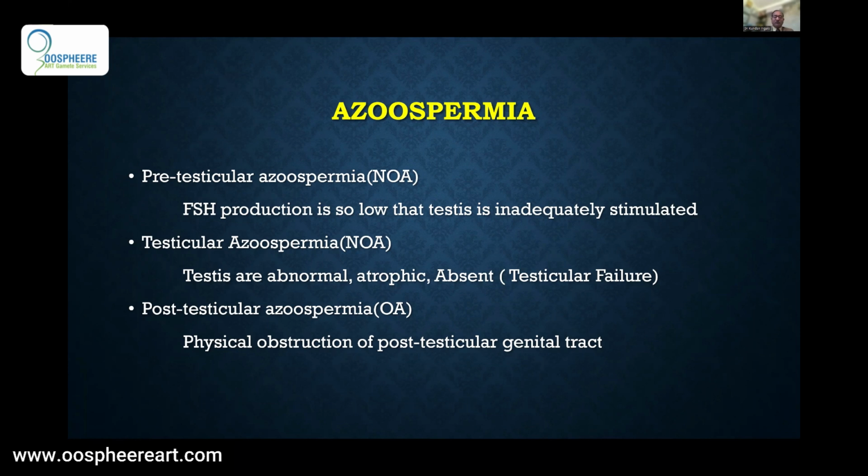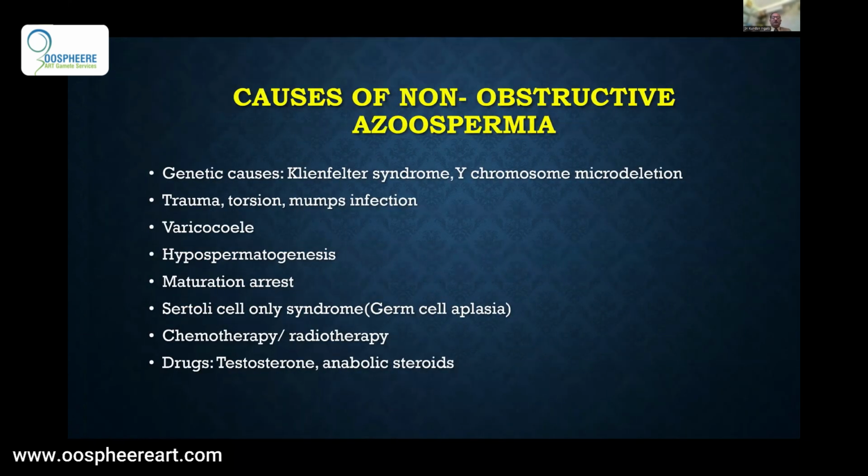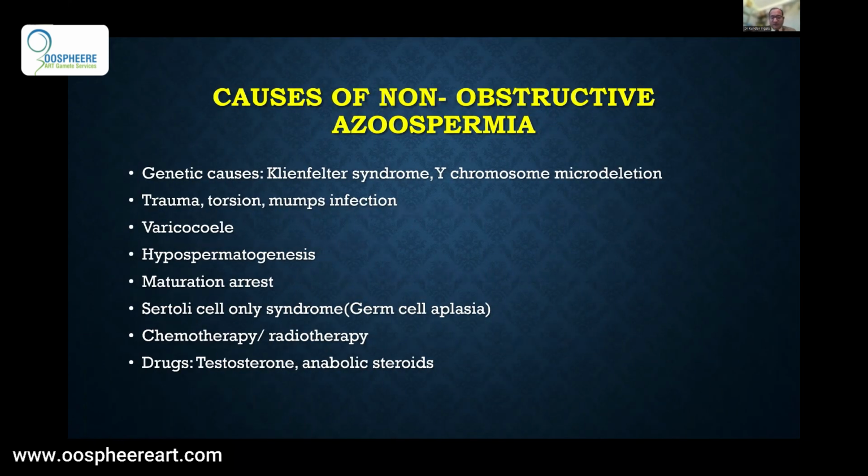Testicular azoospermia is a problem with the testes, and in post-testicular azoospermia, there is a problem with the reproductive tract through which sperm transportation happens. So what are the causes of non-obstructive azoospermia? Means there is no obstruction in the reproductive tract, still you see azoospermia. So here you may have hypogonadotropic or hypergonadotropic.